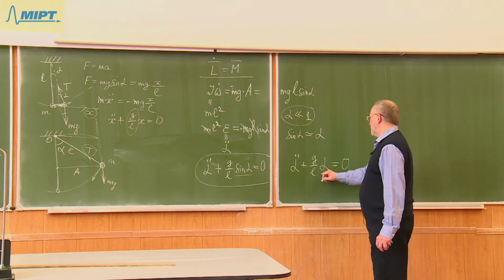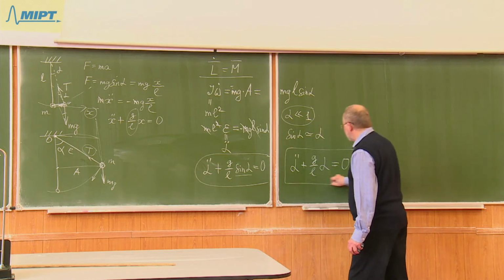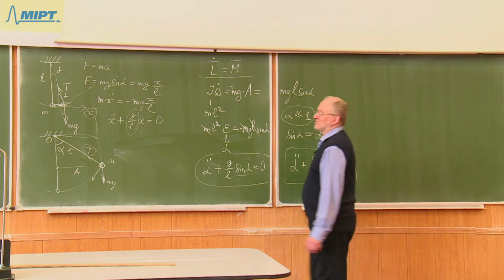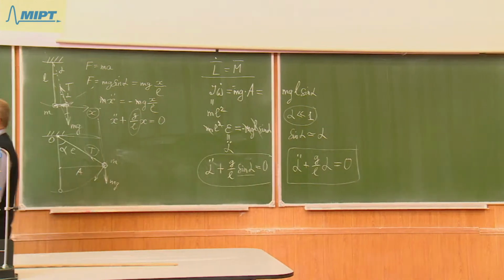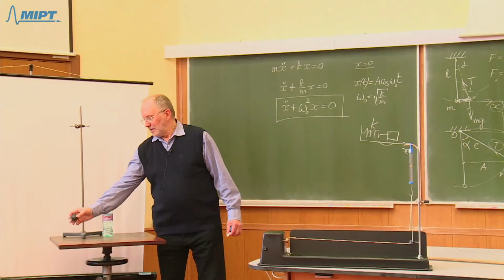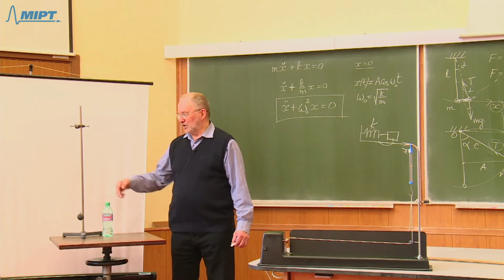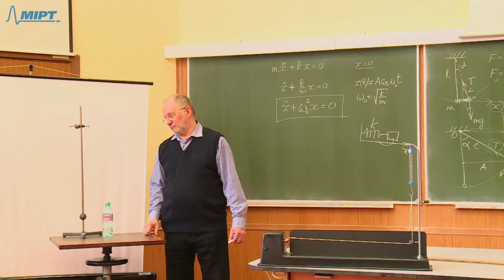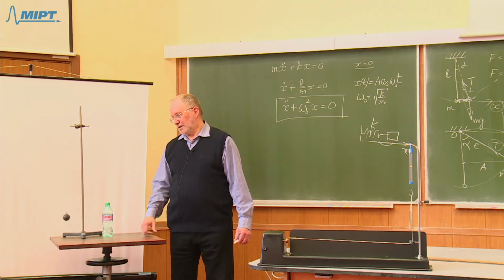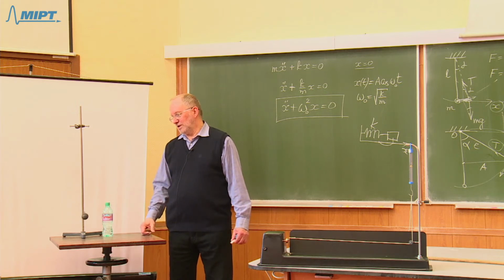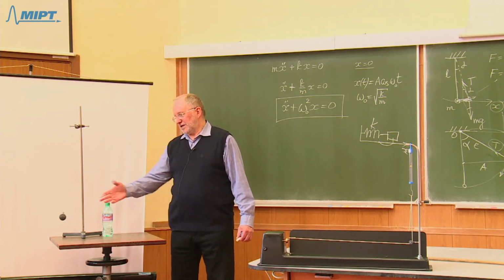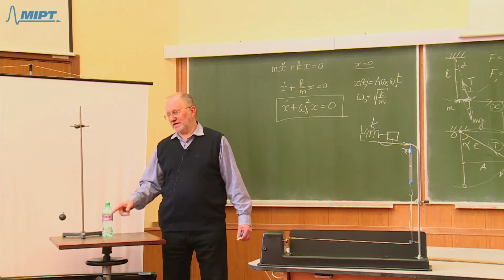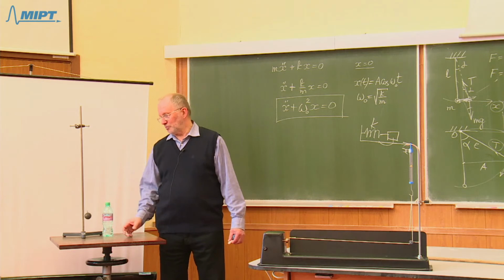And this equation coincides with the equation for harmonic oscillations. So for small angles, this ideal pendulum will oscillate according to a harmonic function, sine or cosine. Now alpha can be considered small, and this kind of oscillation is harmonic. It's described by a harmonic function like sine omega t or cosine omega t.